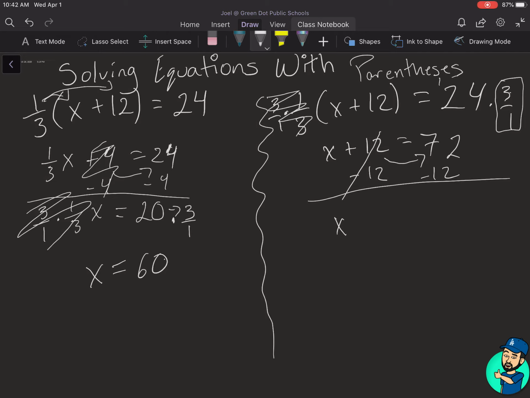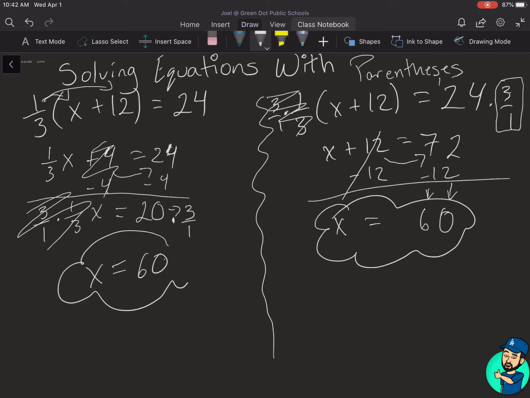I bring down the x. I bring down the equal sign. 2 minus 2 is 0. 7 minus 1 is 6. So my answer is 60. Look at here. We get 60 on both sides.